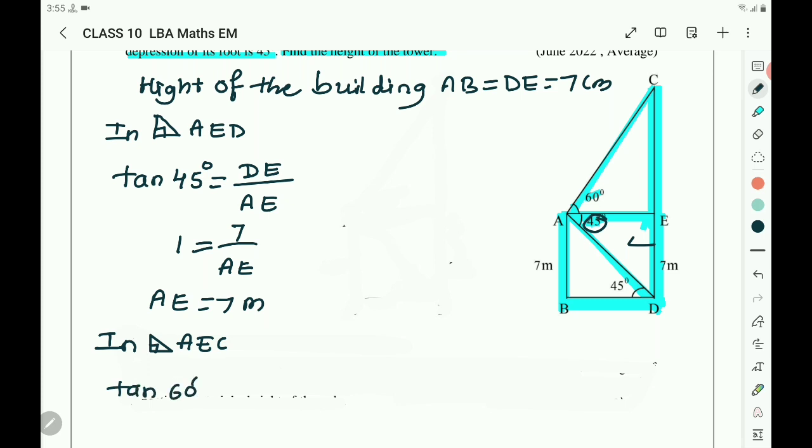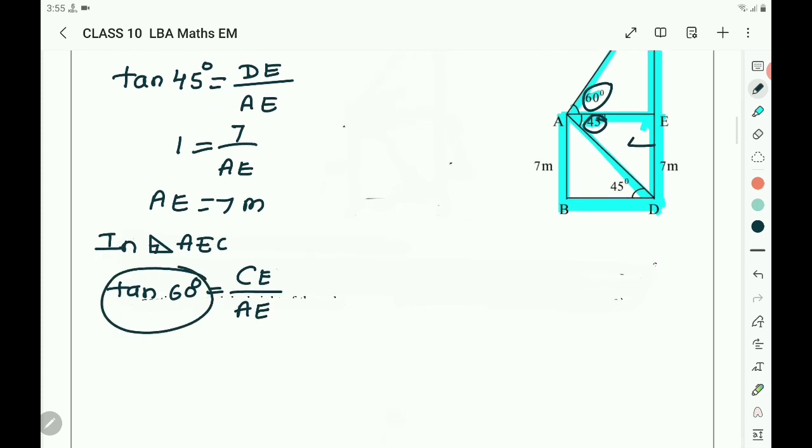again use the tan 60 degree, because for 60 degree CE is the opposite side and AE is the adjacent side. Then you take the ratio with the opposite side and adjacent side, that is tan 60 is equal to opposite side, CE by AE. What is the value of tan 60? Tan 60 is root 3.